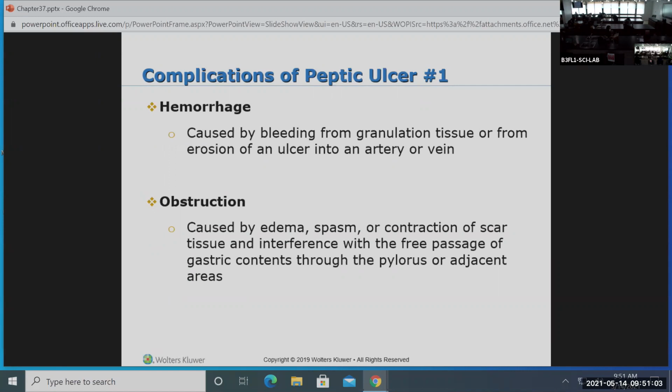The first complication over here we call gastric hemorrhage, which is the bleeding. Please make a note, if chronic gastric ulcer persists for a long duration, it might undergo perforation. What is perforation?